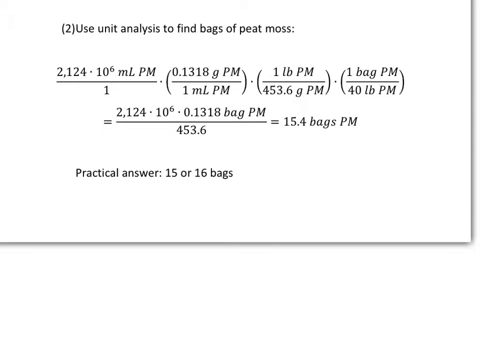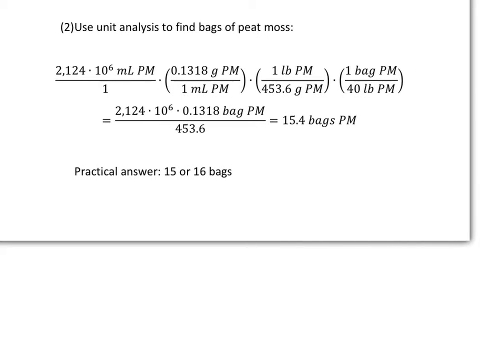Now I understand that I have milliliters of peat moss, and in the end I want to get bags of peat moss. So I use the equivalencies that I have written above, and this comes from the density of peat moss. 1 milliliter is the same as 0.1318 grams, and that's going to turn the milliliters of peat moss into grams of peat moss. 453.6 grams is the same as 1 pound.